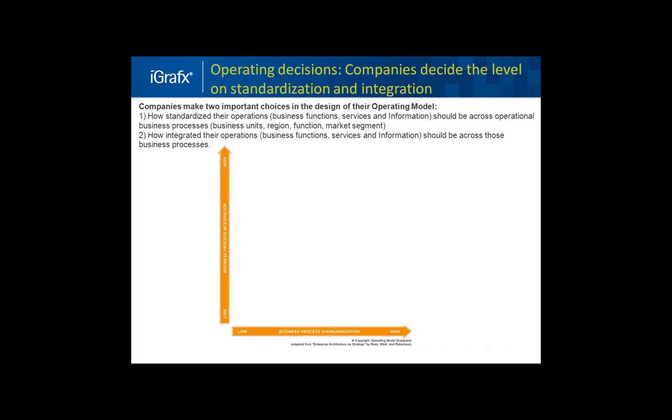Why do we take this little jump? There's two major decisions an organization needs to make when looking at an operating model. An organization needs to make the choices between the level of standardization and how integrated their operations, meaning their business functions, their services, and information should be across those business processes.